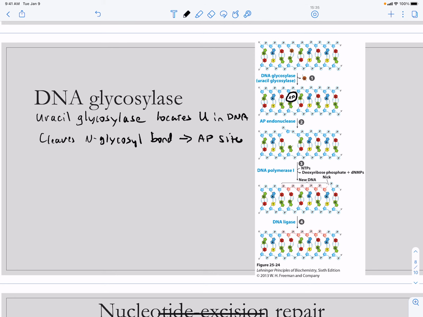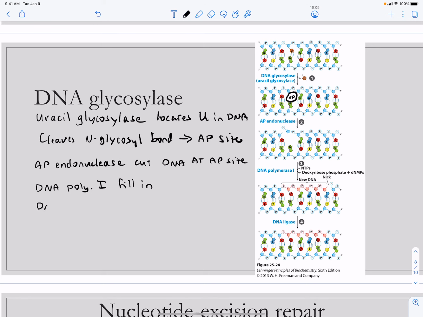And then at that AP site, you get an AP endonuclease. And that's going to cut the DNA at the AP site. And then you're going to have, in the case of E. coli, DNA polymerase 1 fill this in.